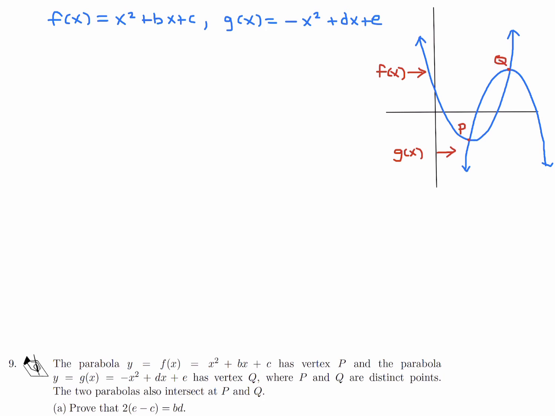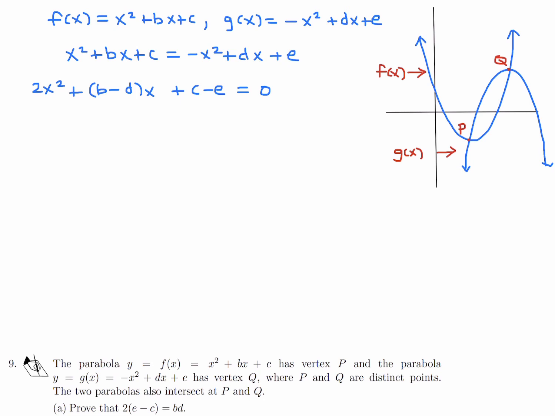So we set them equal to each other. So that means x squared plus bx plus c is equal to minus x squared plus dx plus e. Right? Straightforward. Put everything on one side, collect like terms. You get 2x squared plus b minus d x plus c minus e is equal to 0.